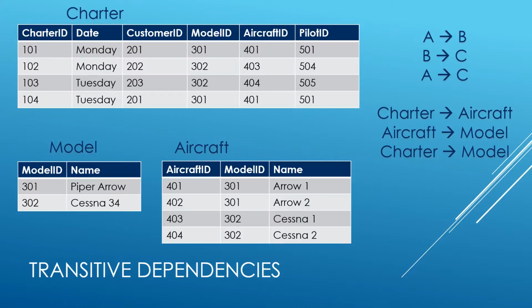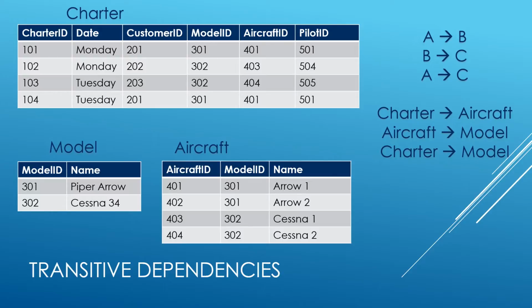Now, one more thing we have to deal with are the transitive dependencies. We remember a transitive dependency says if A determines B, and B determines C, then A determines C. So let's look at aircraft and model. An aircraft has a type of model.